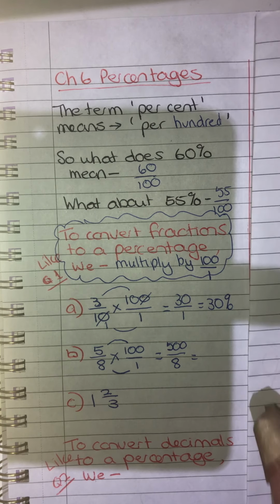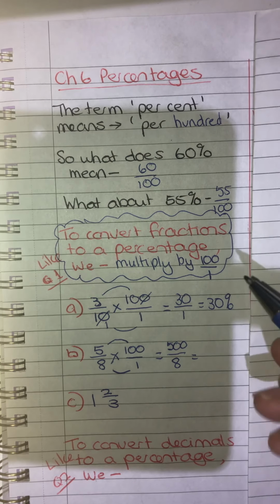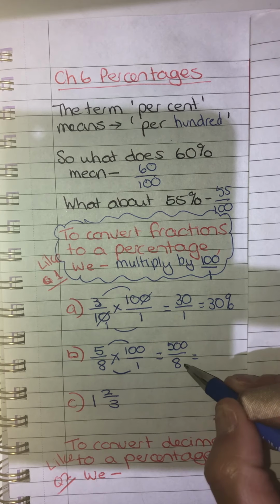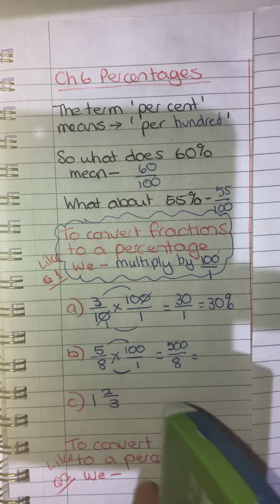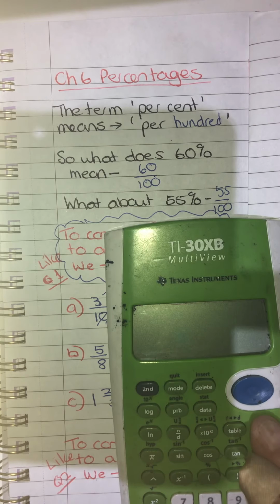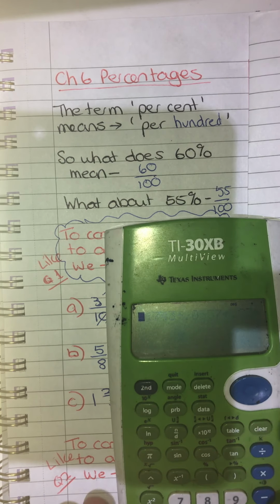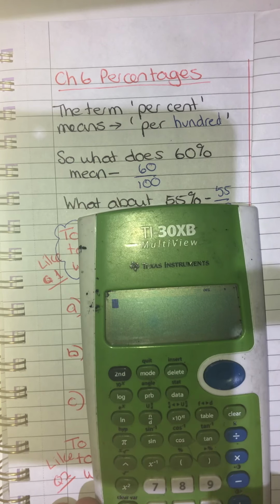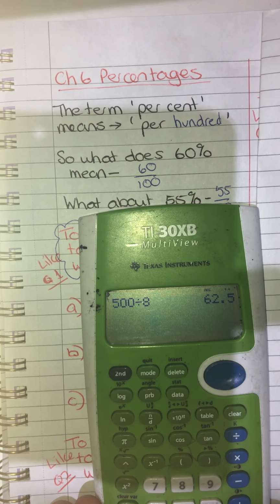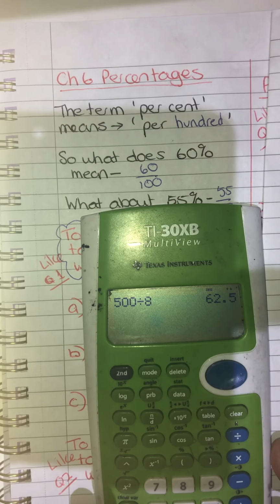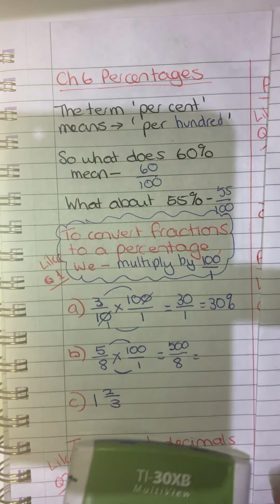Okay, now you could use your calculator from this spot. So I'm going to grab my calculator and show you on the screen. On clear. So what have I got? 500 divided by 8 equals 62.5%.